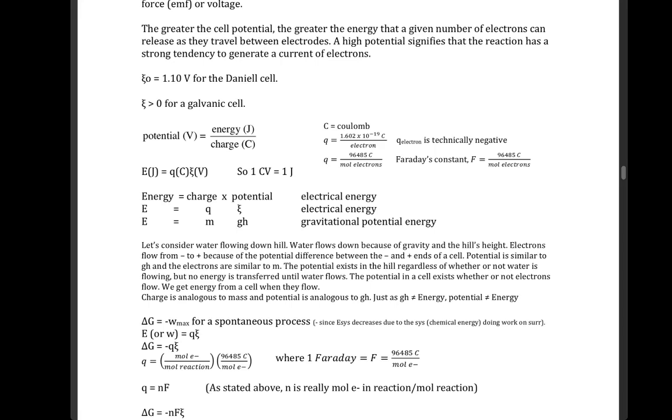Alrighty, so we have energy equals charge, by the way, Q is a common symbol to use for charge, times potential. That would be electrical energy. Or we could write for electrical energy E equals Q times psi.